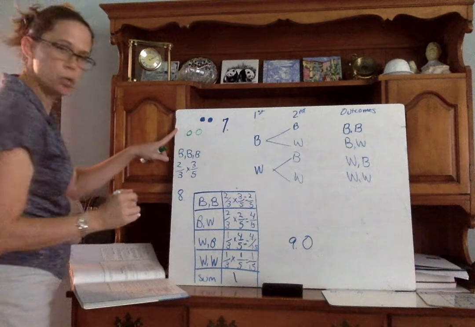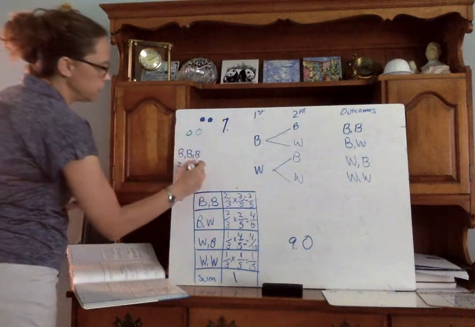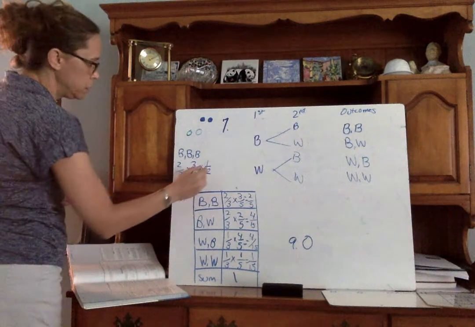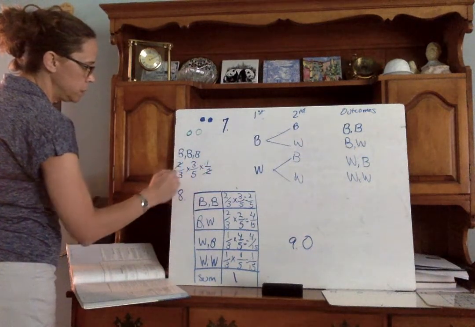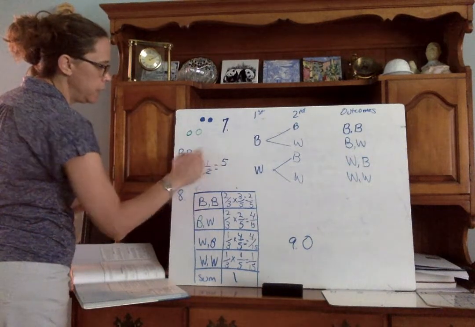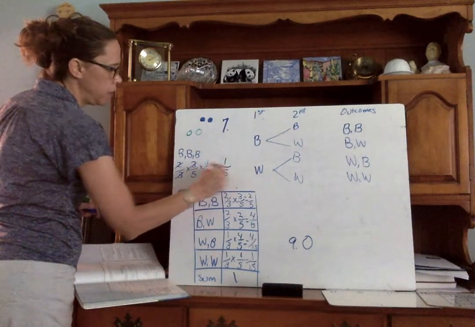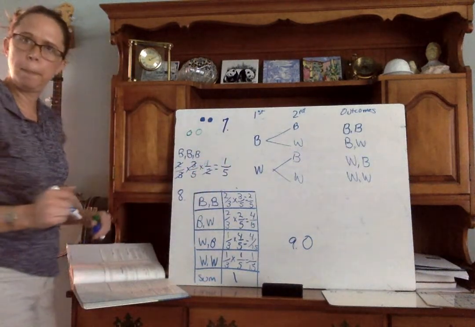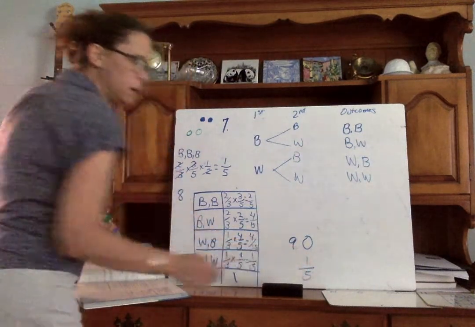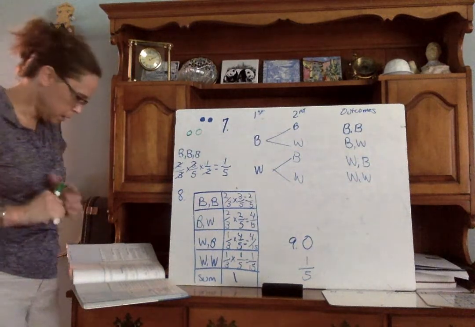Now when I go to draw for my third blue, there's 2 out of 4, which is 1/2. So let's reduce where I can. This reduces with this. This reduces with this. So the probability I get blue and a blue and a blue is 1 out of 5. So that's the second question on number 9. 1 out of 5.